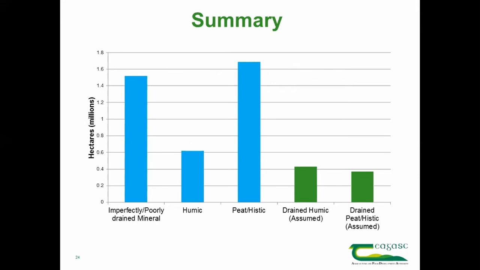This is a summary, just the final slide, so I can stop talking after this. It shows the first three blue bars that we saw earlier, and then in green just the upper limits of what's assumed to be drained in the humic, the organic soil, or the organic mineral soils, the halfway house as I described them, and what's drained in the peat and the istic at the upper end again.